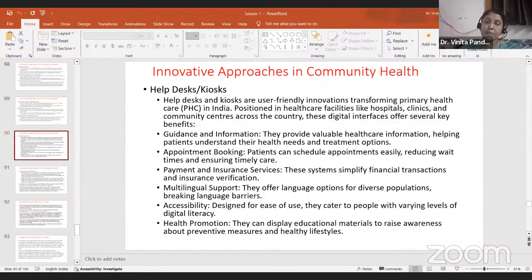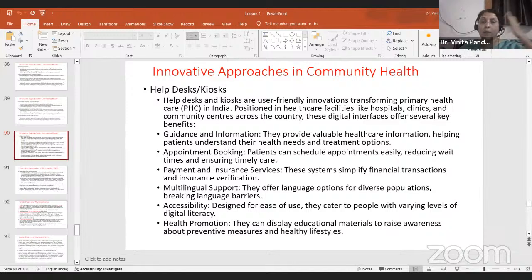In case someone has been hospitalized, okay, how do you facilitate that the hospital is informed about insurance? If you just show them the insurance card, the remaining part the hospital administration can take care of. Multilingual support. Now in a hospital, people from all backgrounds come.